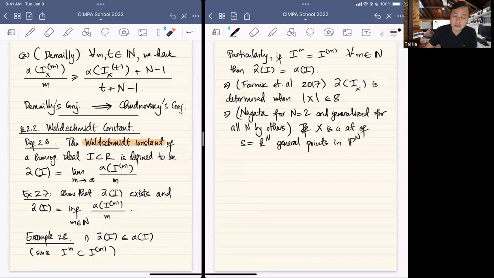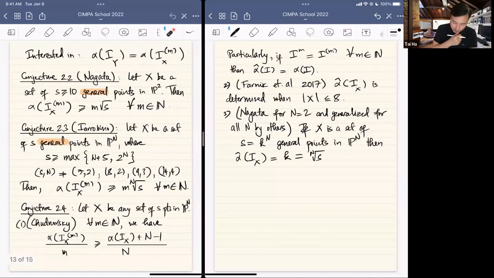So this is where there's a relationship between the number of points and the dimension of the ambient space. Then the Waldschmidt constant of I_X is exactly k. And if you notice, this is the same as the n-th root of s, right? Now, if you look back at Nagata's conjecture, this is the condition if you divide it by m, right?